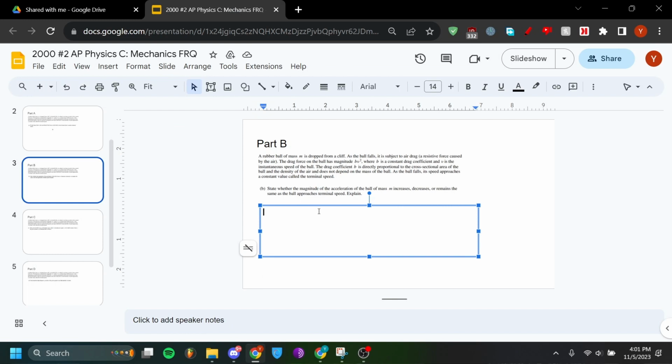Alright, so this is part B, and it says to state whether the magnitude of the acceleration of the ball of mass m increases, decreases, or stays the same as it approaches terminal speed.